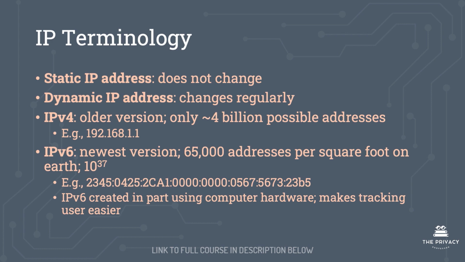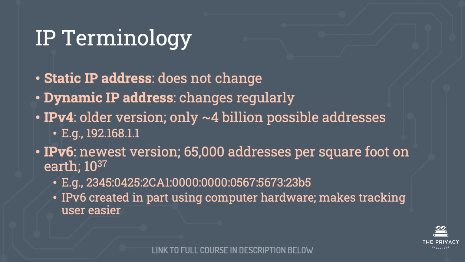There's IPv4, which stands for version 4, and IPv6 for version 6. The current IPv4 is still widely used, but one of the problems with this older version of Internet Protocol is that it only had 4 billion possible addresses.